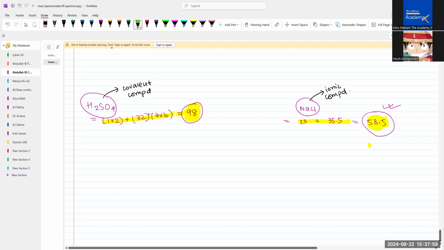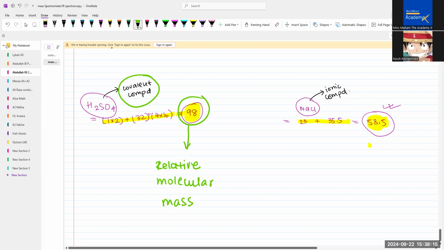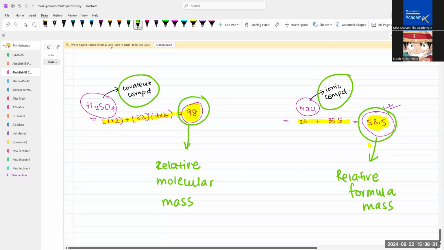Now, when I talk about a covalent compound's total mass, I will refer to this value as relative molecular mass. And when I'm talking about the total mass of an ionic compound, I will refer to this value as relative formula mass. So the calculation is the same, the concept is the same, but the way you refer to these numbers is different.